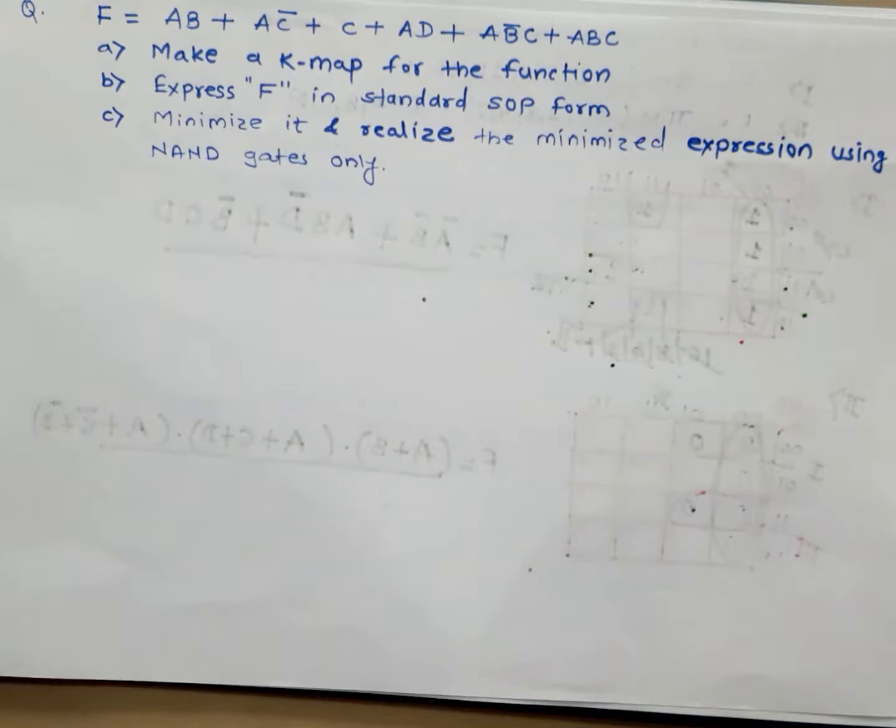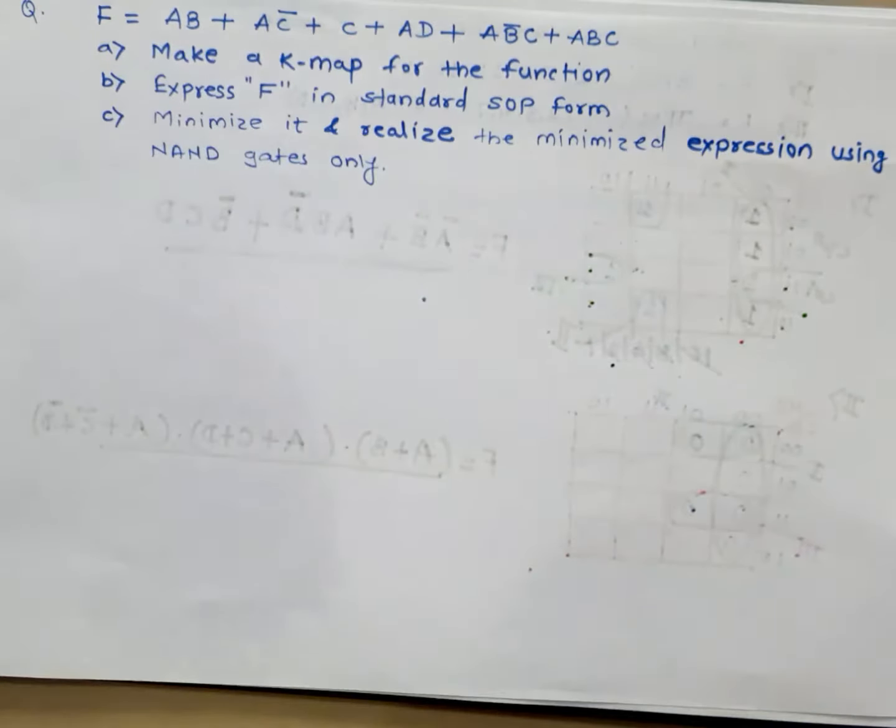Now first thing, we need to design a K-map for the given function. In the previous examples, whatever min terms and max terms were given to us were considered as standard SOP form or standard POS form. But in this case, a variable form is given.